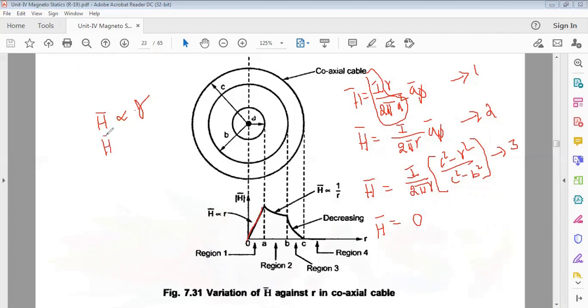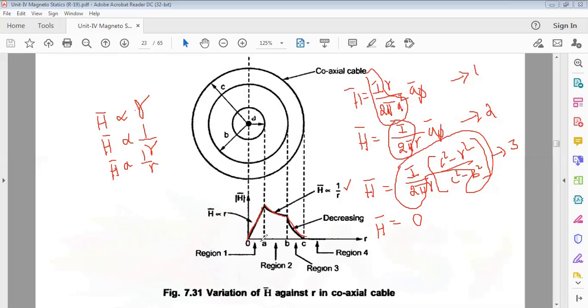In the second case, consider this a constant, H bar is proportional to 1 by R. So as R increases, H bar decreases. In the third case also it is proportional to 1 by R, still it decreases.